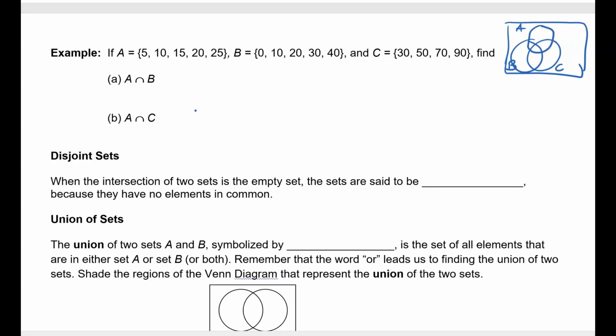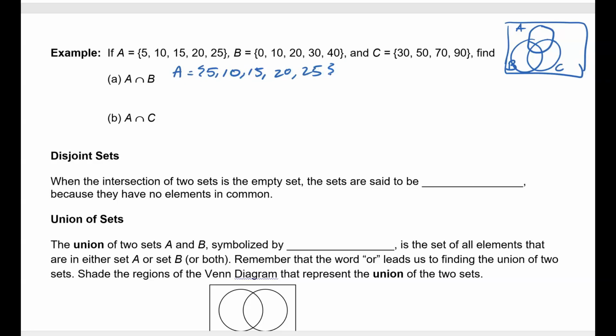That's one option. I actually think it's easier to not draw the picture, and I know that might sound weird. Normally I'm encouraging students to draw pictures, but I think this is simple enough just to look at visually, compare the two sets. So let's look at A and B. I'm going to write this out again. I know it seems like a lot of work, but it's worth it, I think.